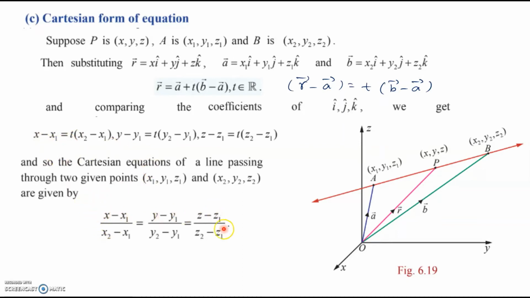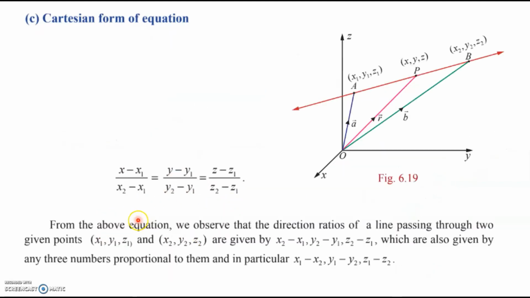So you will get this as your Cartesian equation of a line passing through the two given points x1, y1, z1 and x2, y2, z2. Right? So from here we derive this. Further, from the above equation, we can observe that the direction ratios of a line passing through two given points x1, y1, z1 and x2, y2, z2 are given by the denominators here, x2 minus x1.